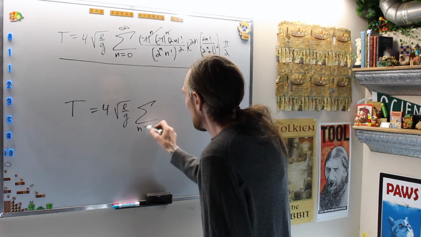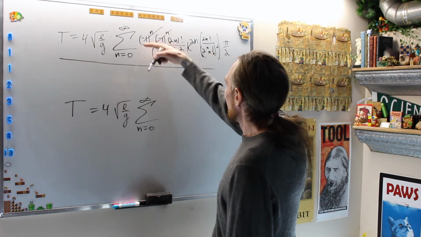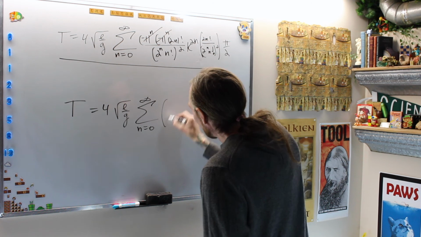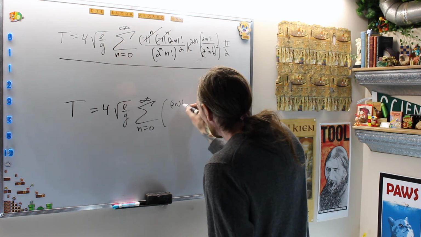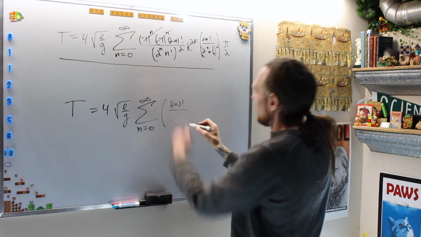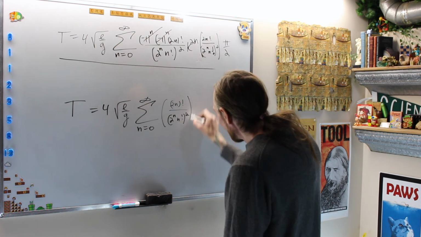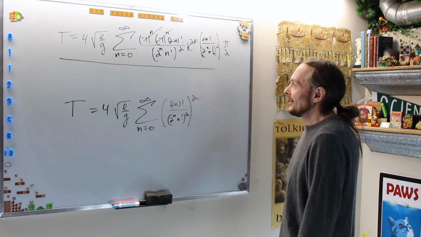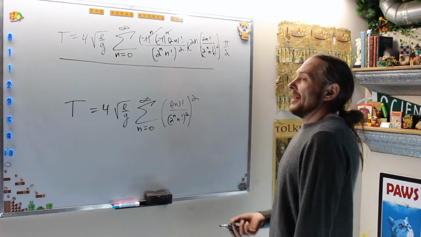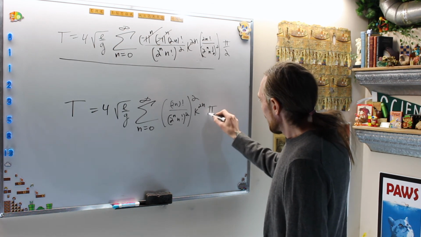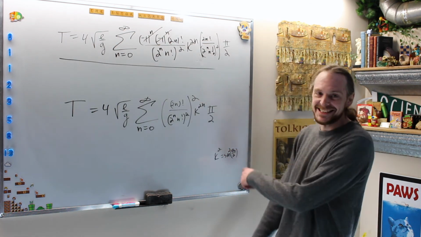The sum from n equals 0 to infinity. Look, this one and this one, there's two of them. So (2n)! over (2^n n!) squared, that is squared now. Squared of the squared, that's quartic. Times pi over 2 times k, where k is sine of theta naught over 2.